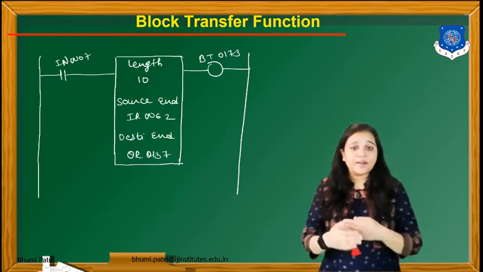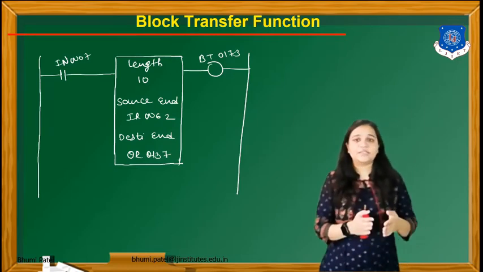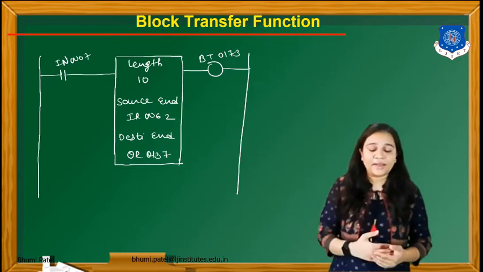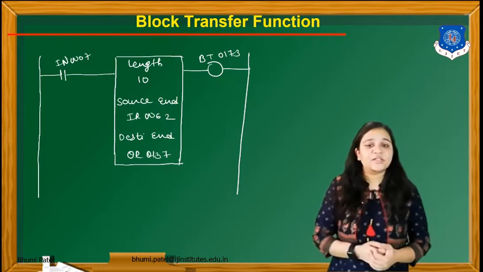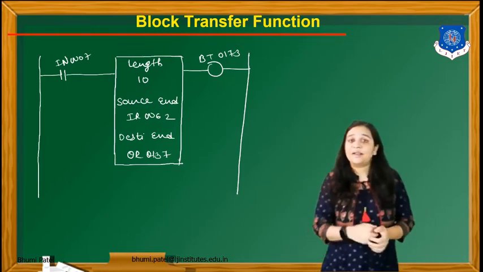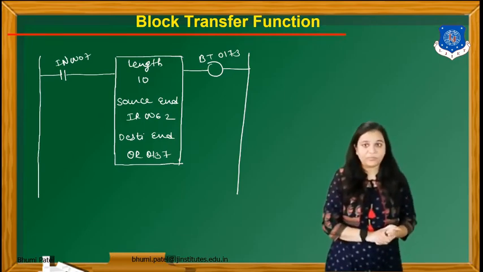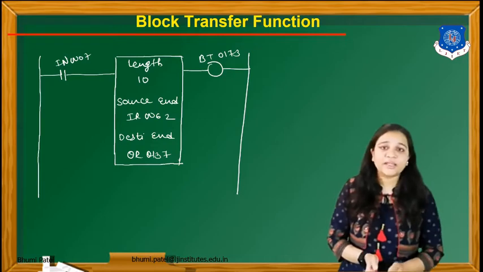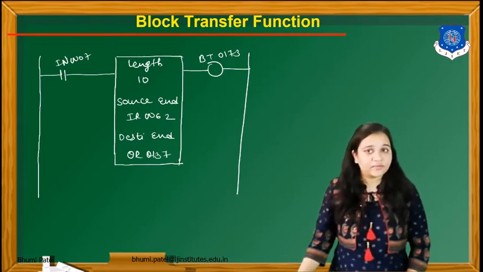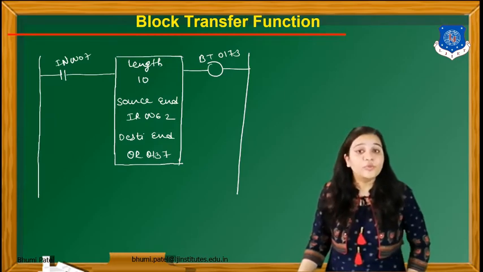But the compulsory condition is that the addresses of the registers, from starting to ending address, must be continuous. If we have to transfer registers like 0054 and 0056, we cannot use the block transfer function; for that we must use the move function.